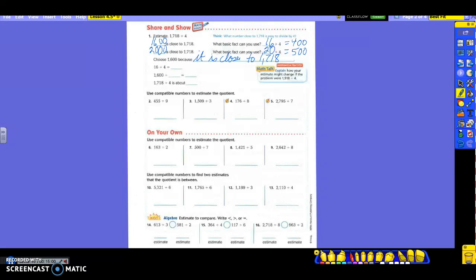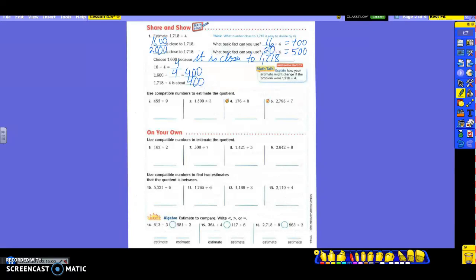Couple more things to do down here. We already kind of did it over here. 16 divided by 4 was 4. So that means that 1,600 divided by 4 is going to give you your 400 we already did, right? So that means that 1,718 divided by 4 is about 400.